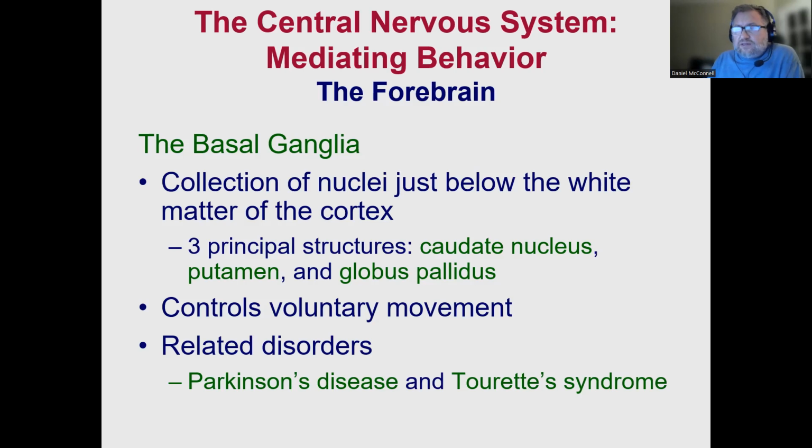So when a person starts to exhibit tremors that are a typical component of Parkinson's disease, one of the things that we understand of what the basal ganglia is doing is it helps to inhibit unnecessary movement. And the idea here is that when the basal ganglia begins to lose its function, that means we begin to lose the ability to inhibit those unnecessary movements.